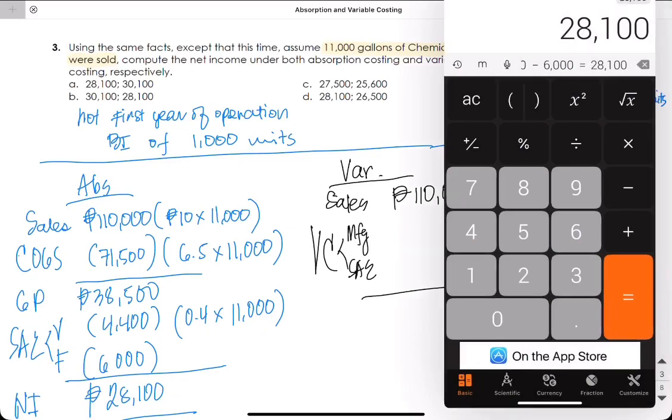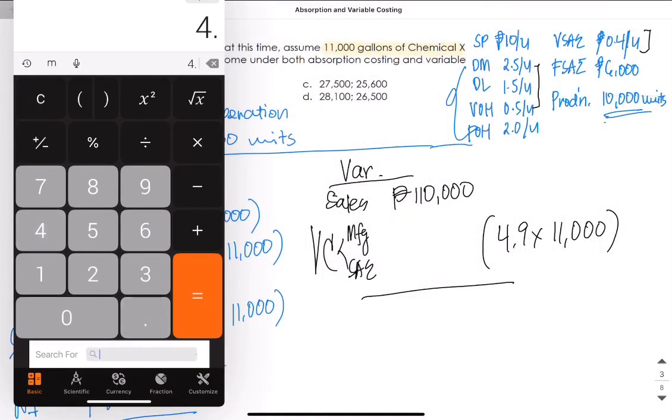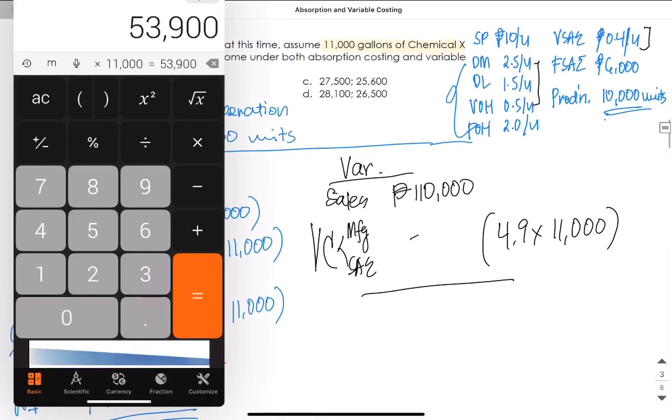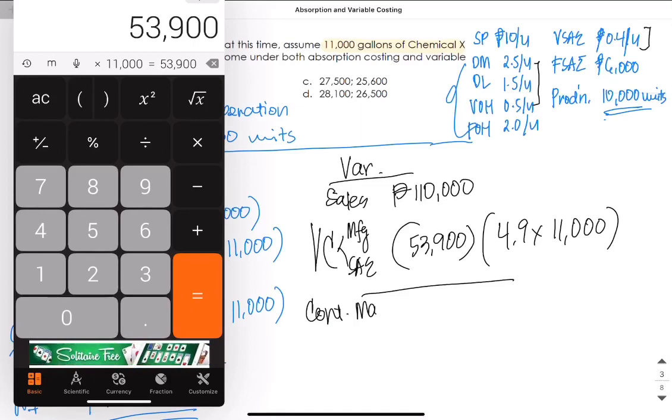So 4.9 times 11,000, we have 53,900. Again, this is your contribution margin. So less 53,900 from 110,000, this is 56,100.